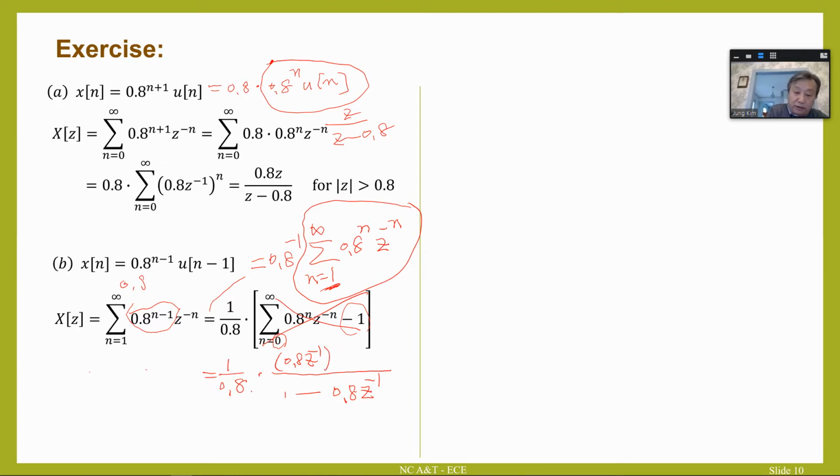Minus this one, which goes to infinity, so with convergence this is equal to 0.